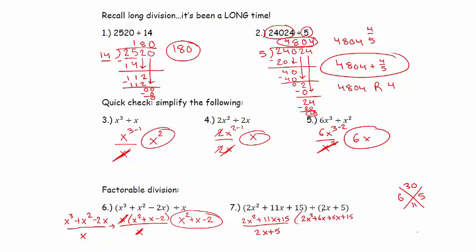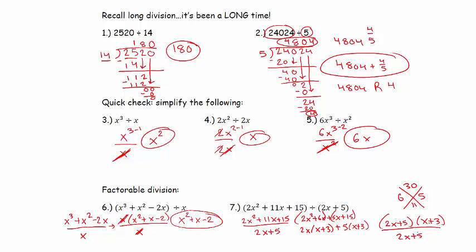I can group it up. I get 2x and then x plus 3. I can factor out a 5. I get that x plus 3 that I need. And so the top actually factors into 2x plus 5 times the quantity x plus 3, and it's all over 2x plus 5.